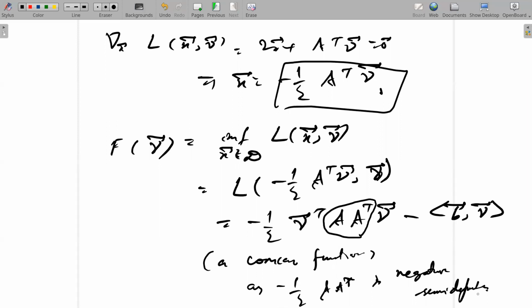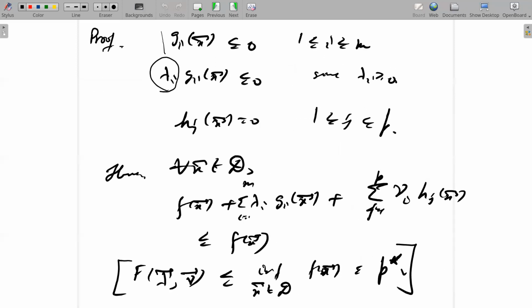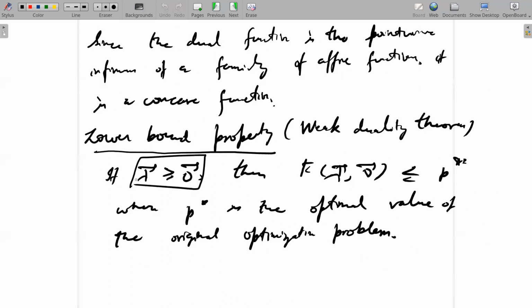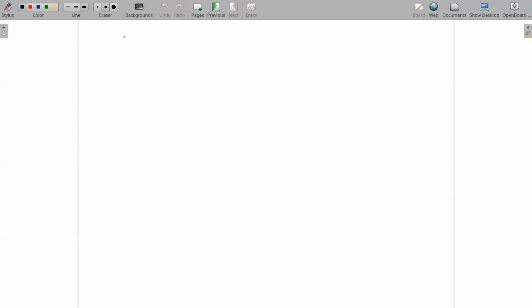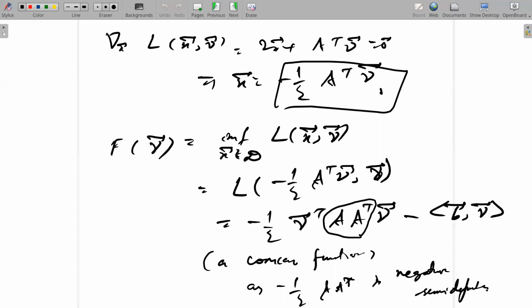All right. So far we went through the motions. We figured out what the Lagrangian is. We figured out what the Lagrangian dual is, that is F. Then now we have to see what the lower bound property says here. So lower bound property says that if I plug in nu equals anything at all here, that is going to be less than or equal to the optimal solution, right?